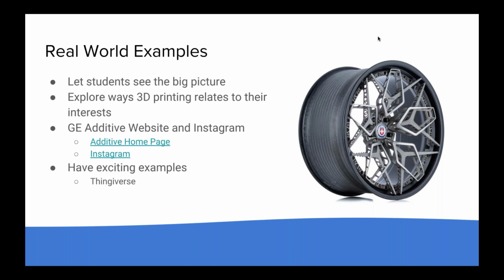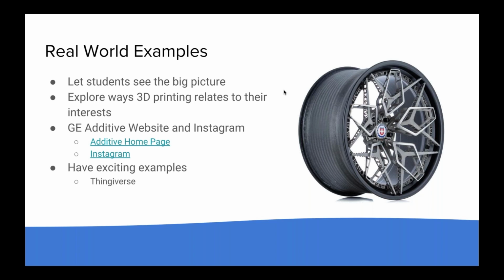But additionally, for those students who might be interested in cars or many different subjects and fields of interest, 3D printing can fit into any of those. And so allowing a student to go out and explore and find something that resonates with what they enjoy and relates to 3D printing is going to allow them to bring that learning opportunity all the way back around to something that they're passionate about.